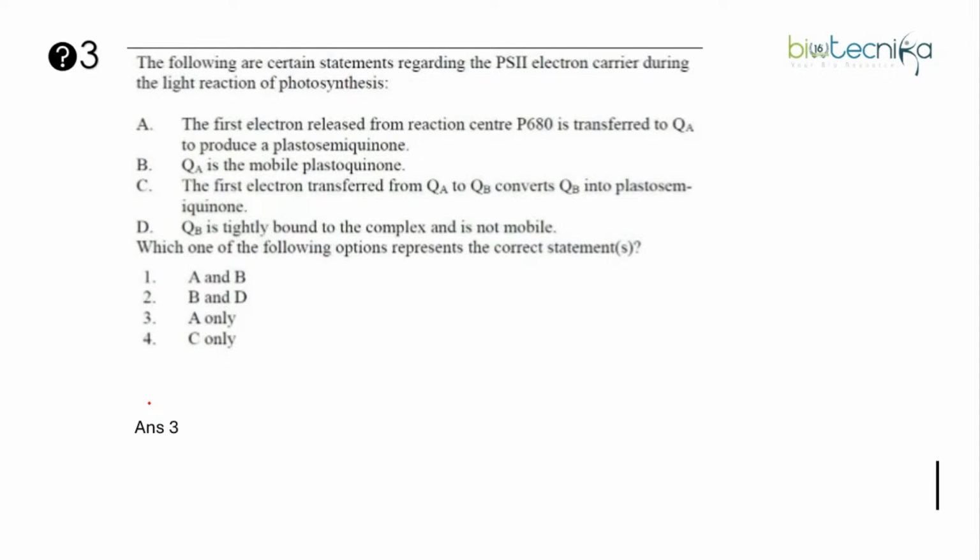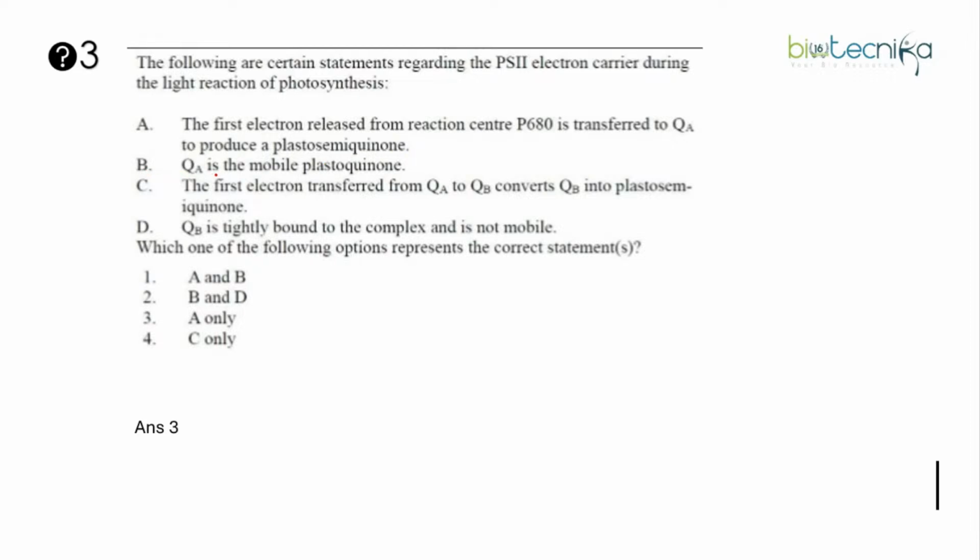Now coming to question number 3. Question number 3 is talking about the following certain statements regarding PS2 electron carriers during the light reaction of photosynthesis. Statement A is saying the first electron released from reaction center P680 is transferred to QA to produce a plastosemiquinone.